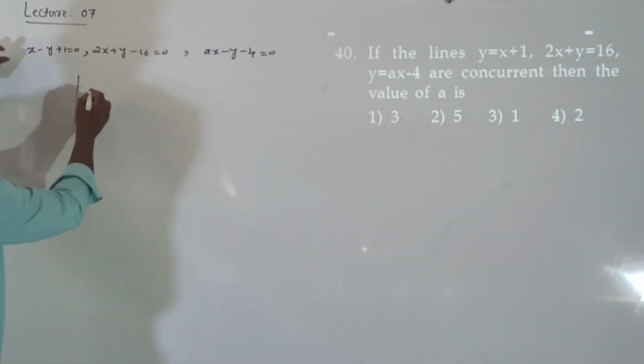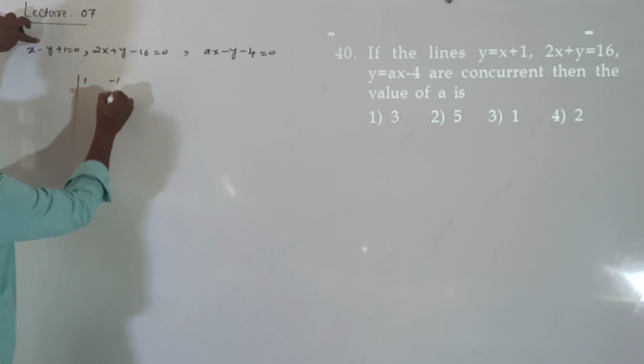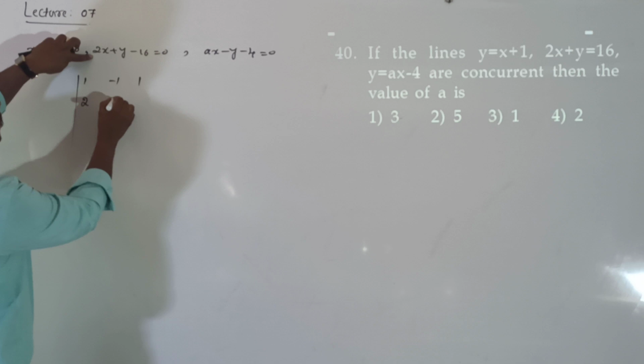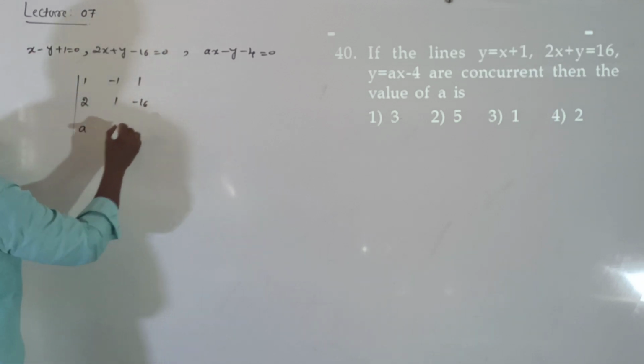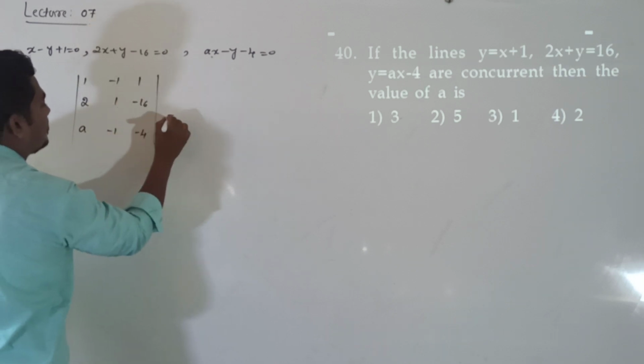Concurrent means the coefficient of x is taken as a1, b1 and c1: 1, minus 1, 1; a2, b2, c2: 2, 1, minus 16; then a3 row is a, minus 1, minus 4. That's equal to 0.